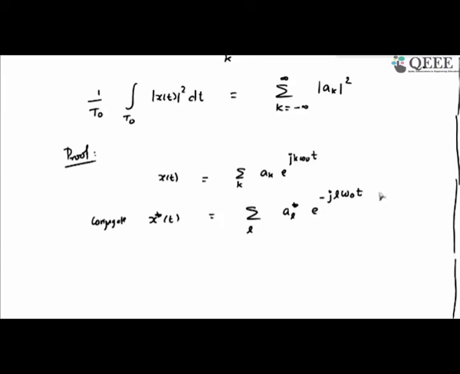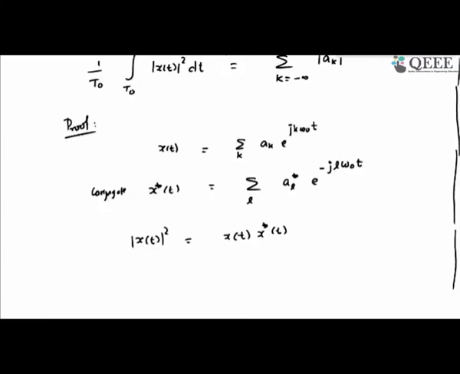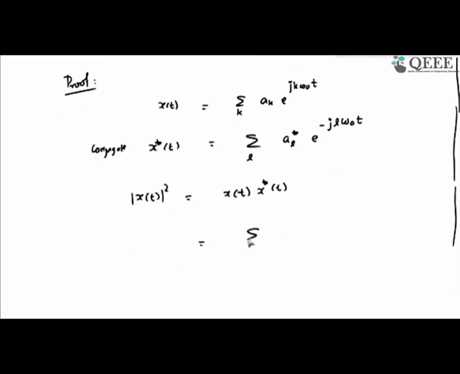So I take the product of these two. Mod of x of t square is nothing but x of t times x star of t. So this is sum over k, sum over l, a k a l star e power j k omega naught t e power minus j l omega naught t.